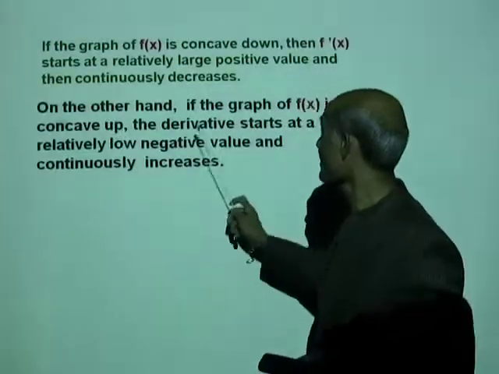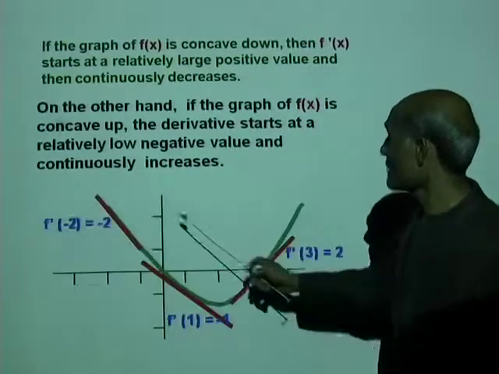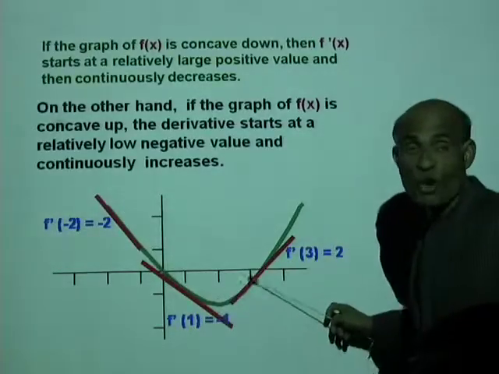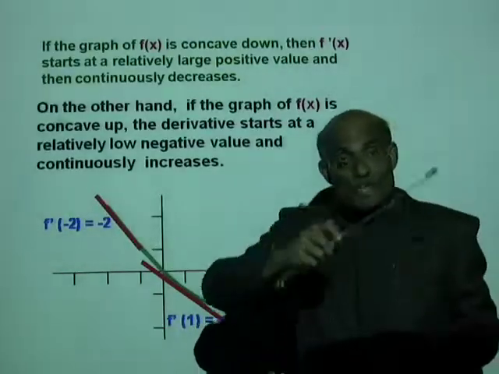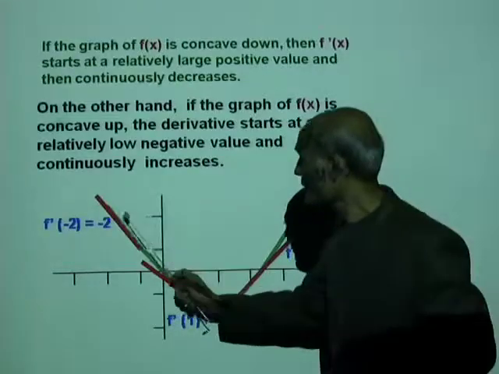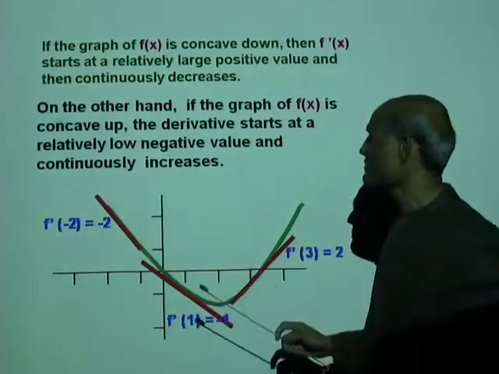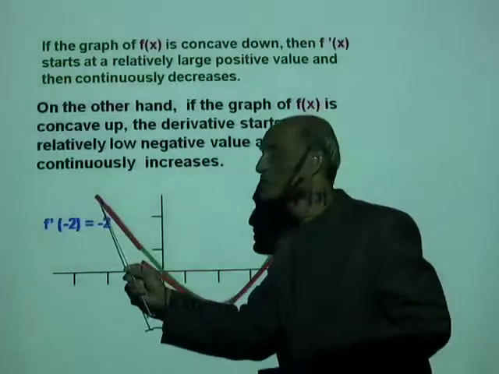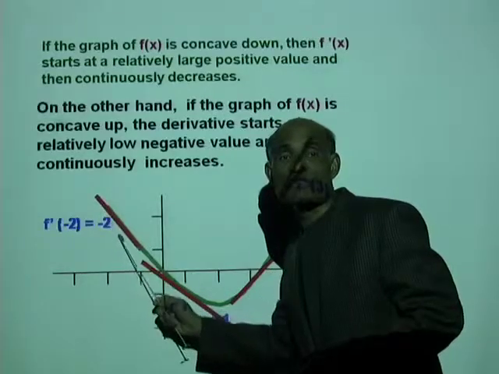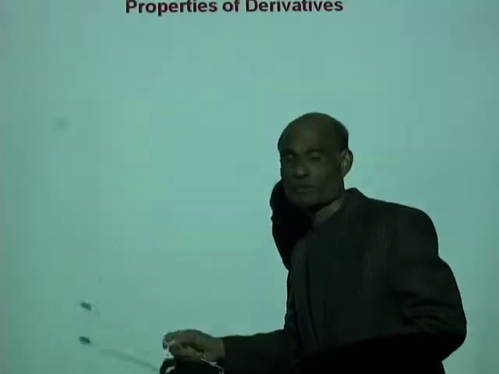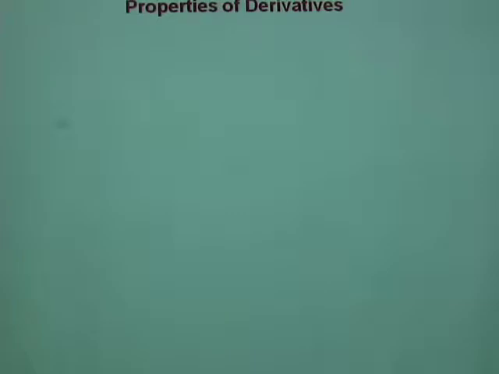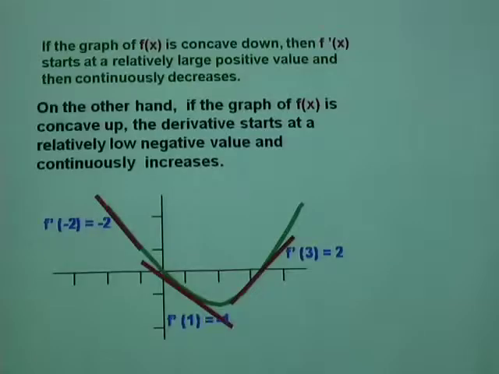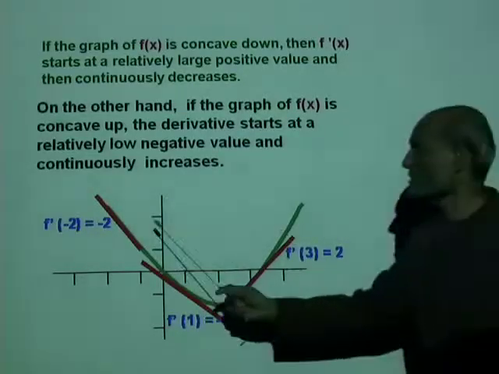On the other hand, let's look at the graph of a function that is concave up, is curving up. Now look at the derivatives at different positions. Now, what can you say about the derivative at x equal to -2 of this function?